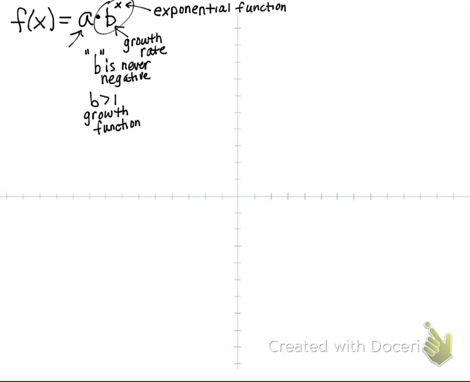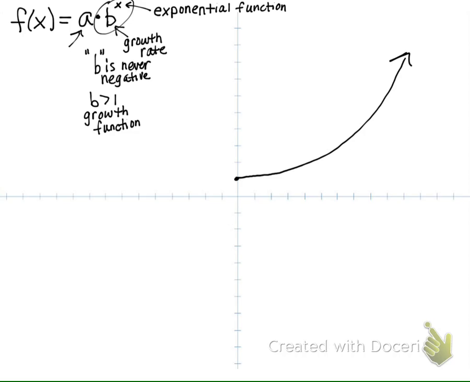They always have the same general shape. That's what they look like. They always cross the y-axis somewhere pretty low, maybe here, and then they grow like crazy. Woo! They take off.